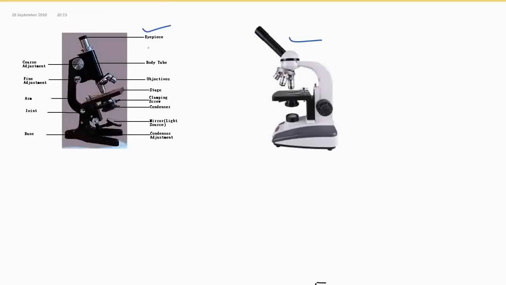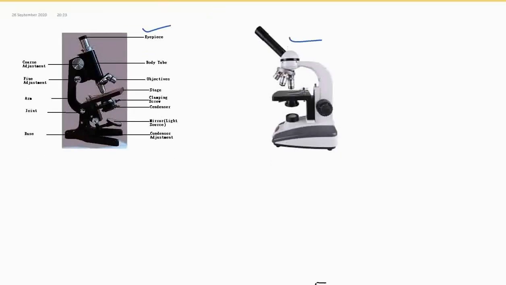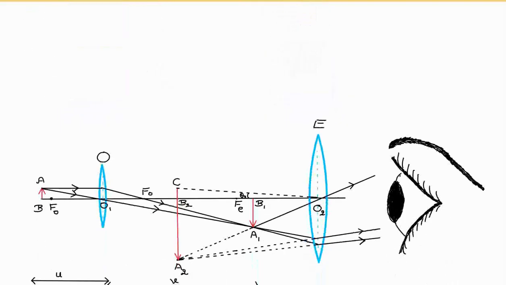A compound microscope has great use in a pathology lab to detect diseases. Also it is used in the forensic department, and we also use it in our biology laboratory to observe slides. Now let us discuss the ray diagram of a compound microscope.